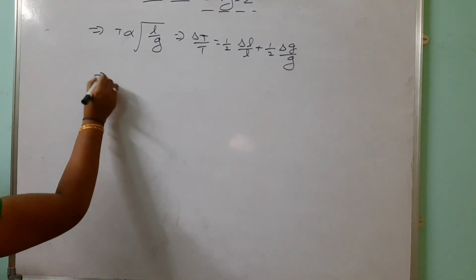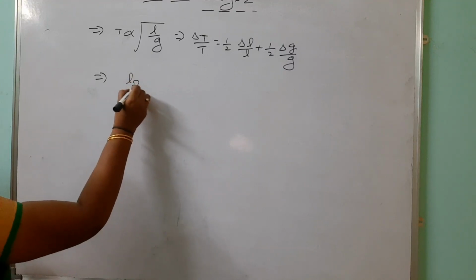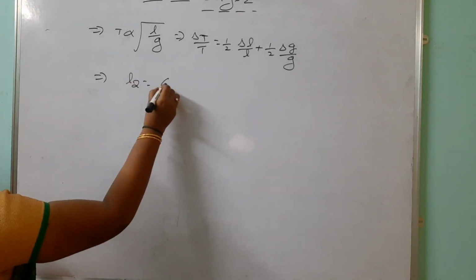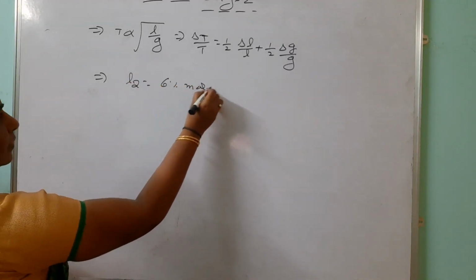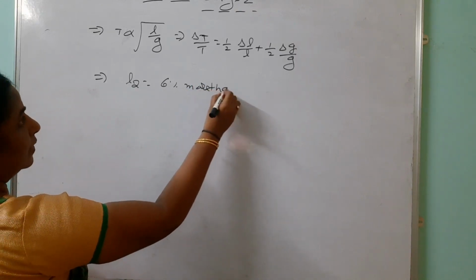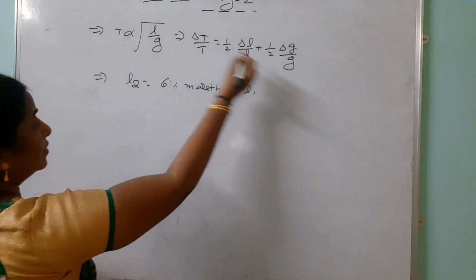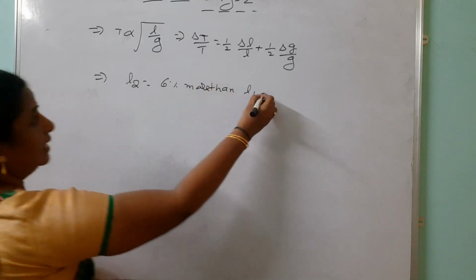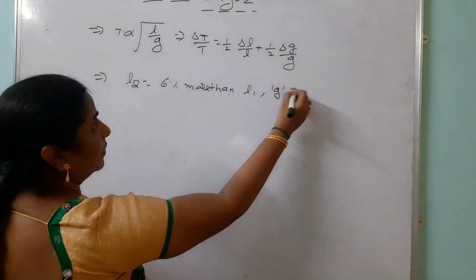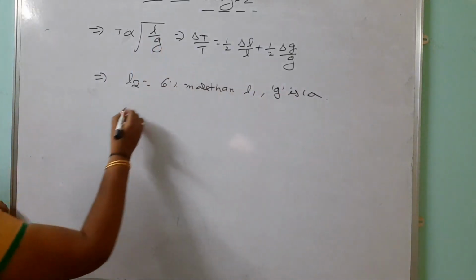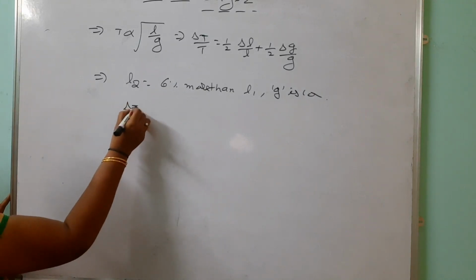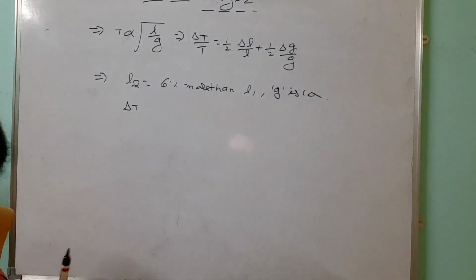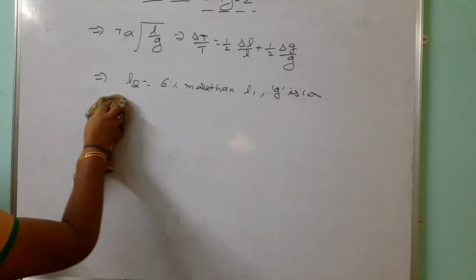Suppose L2 is 6% more than L1. At that time we can't use this. Find, G is constant. Here G is constant. Then how to find out the error in time period? Look here. First we go through the relation between them.